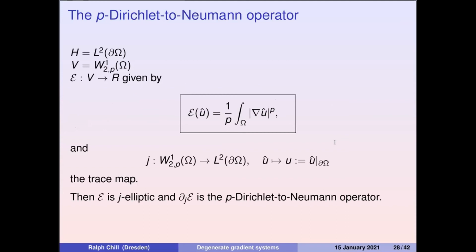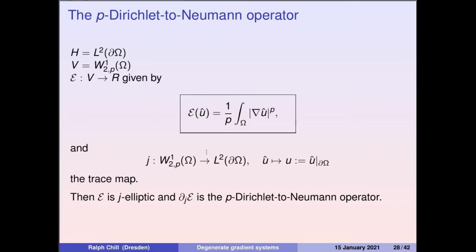But here's an example. I take again the energy of the p-Laplace operator, but on this Sobolev space which we had before, the space of all L2 functions with gradient in Lp, that's our Banach space. This Banach space of functions on omega is not embedded into L2 of omega, but now into L2 of the boundary by the trace map.